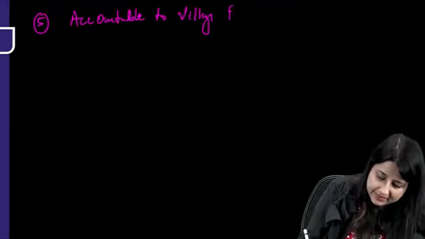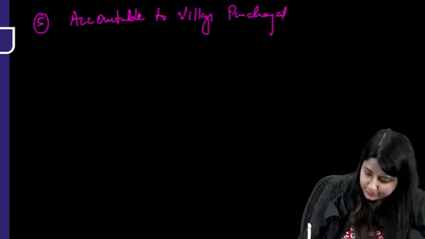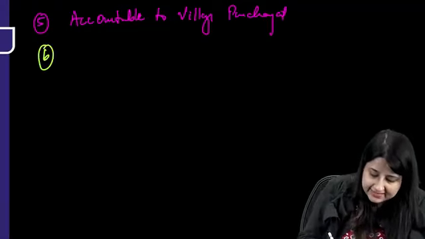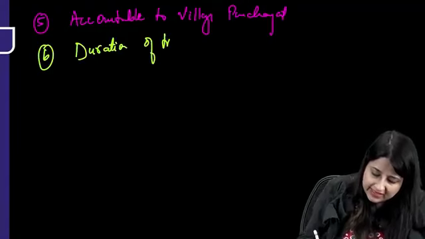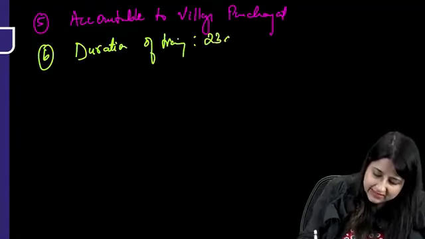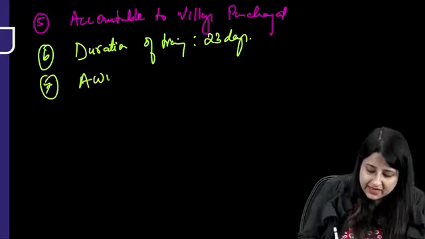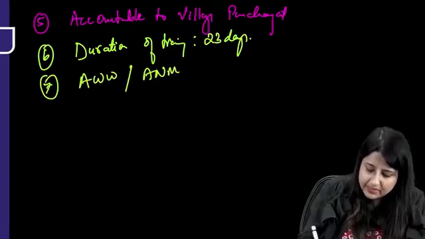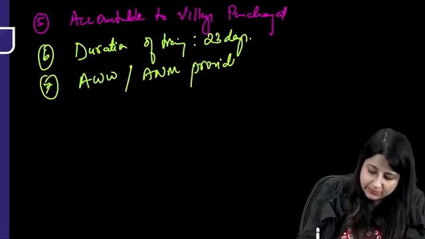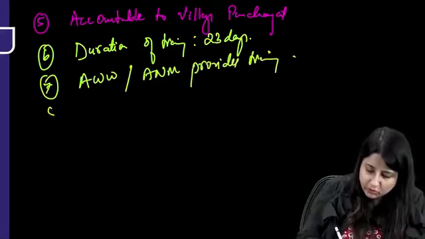Don't say medical officer, accountable to village panchayat. Who trains her, or what is her duration of training? Her duration of training is 23 days over a period of 1 year. Then who trains her? Anganwadi worker and ANM provide training. Very, very important.